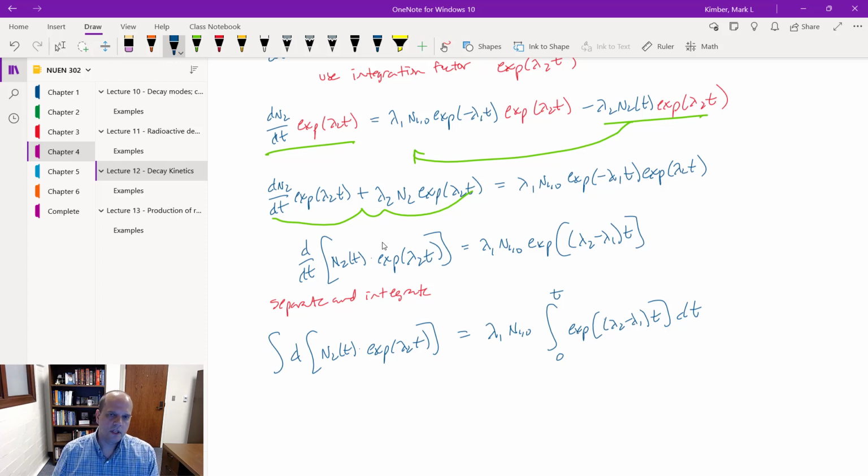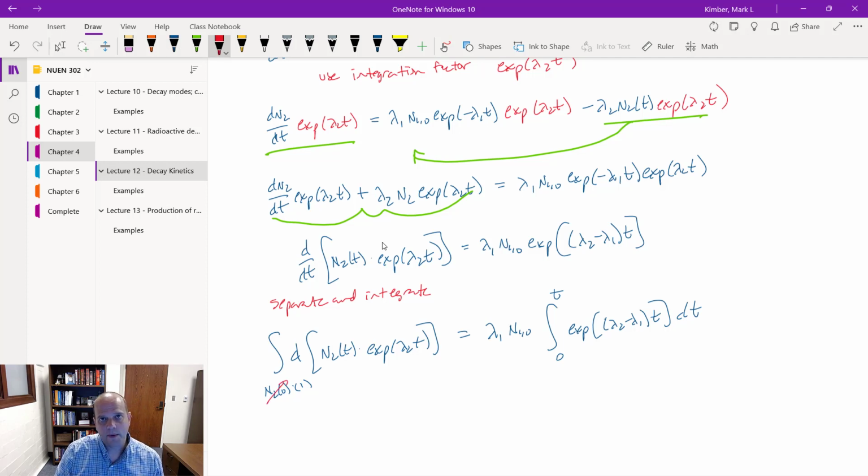And what's going on on the left-hand side is I have this d of two functions, and so I have to evaluate them at time equals 0 and at time equals t. So this will be n2 of 0 times the exponential of lambda 2 times 0, so that's times 1. But as we recall, the initial inventory, so n2 at time equals 0, is going to be 0.